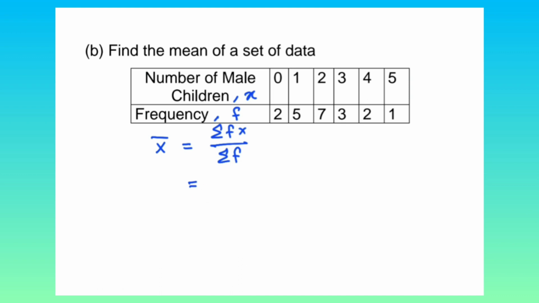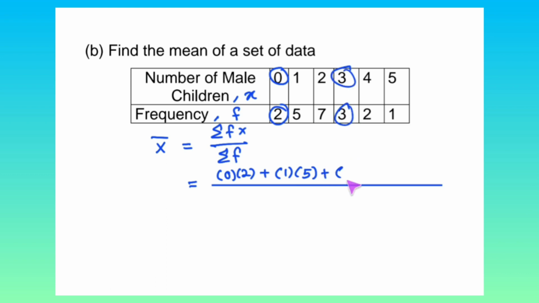So firstly we need to find the summation of fx. So 0 times 2 plus 1 times 5, plus 3 times 3, plus 4 times 2, plus 5 times 1.